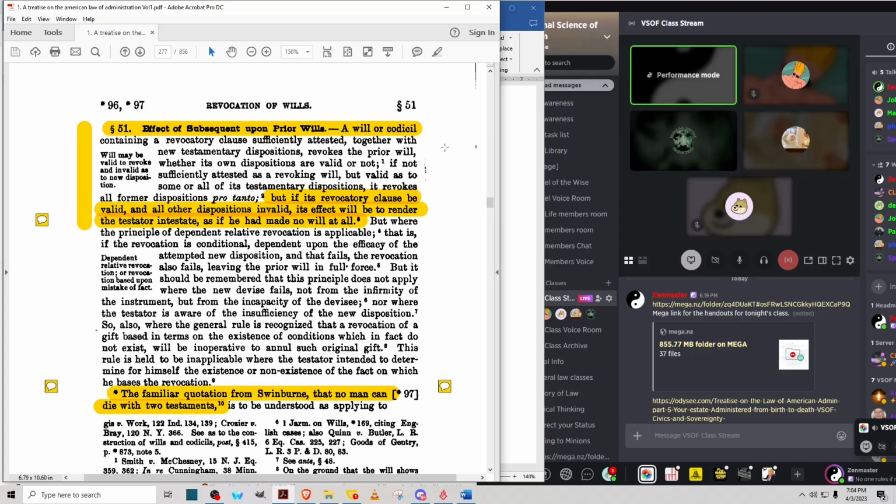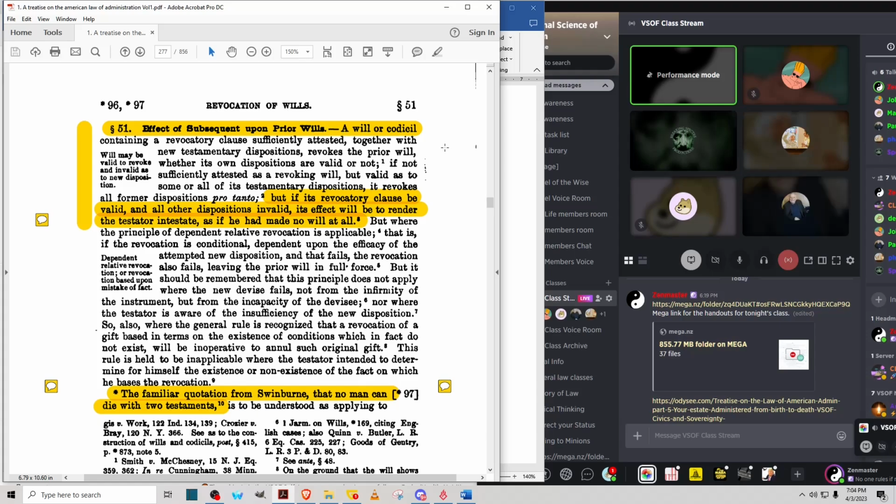And so it's important for us to create and record our proper wills in the current to revoke anything else that they've ever done up to this point.